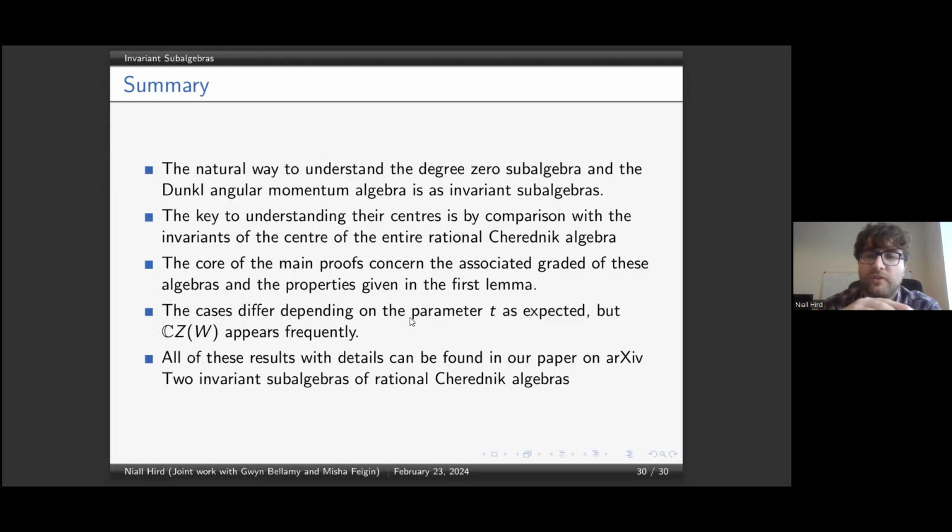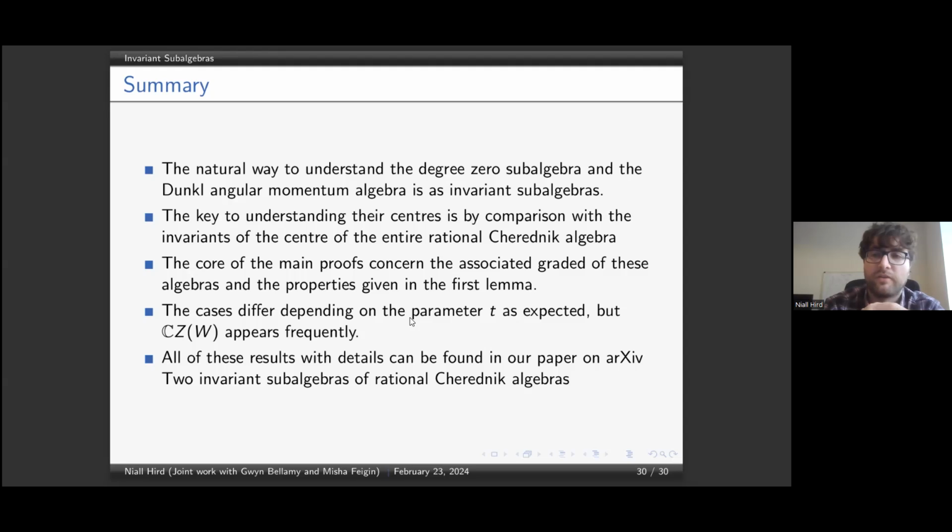To make the most success in understanding their centers, we tried to compare them with the center of the whole rational Cherednik algebra and look at its invariants. To do that, what you needed was the associated graded, and just some simple properties that follow from the associated graded can get you really far.